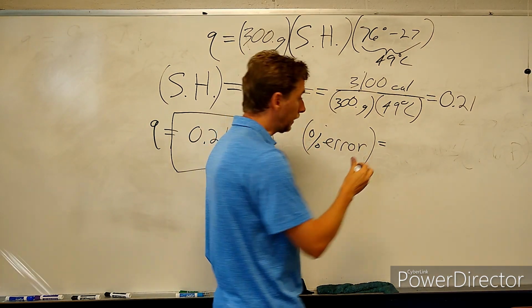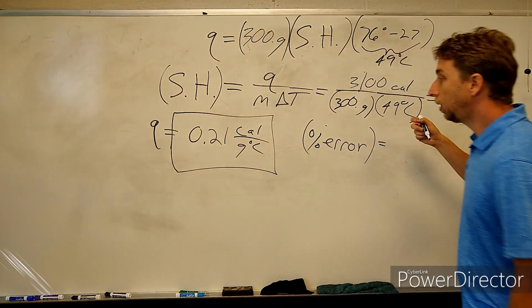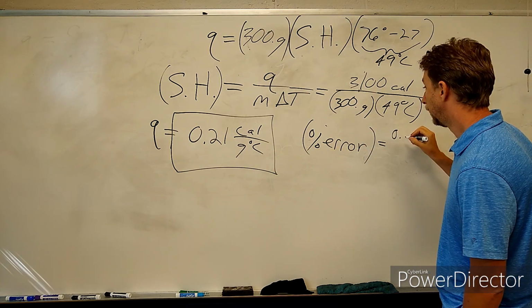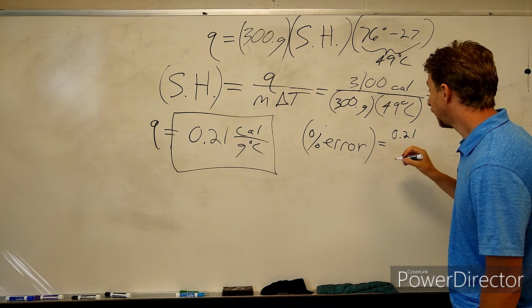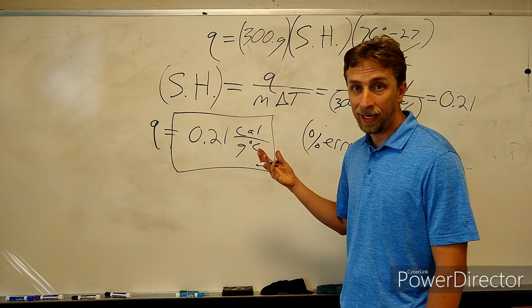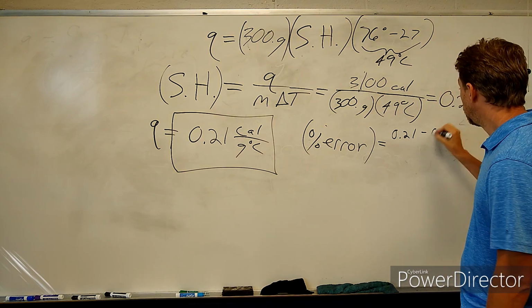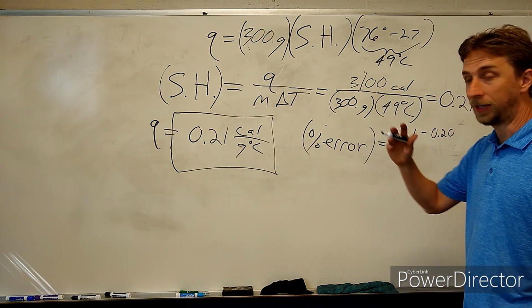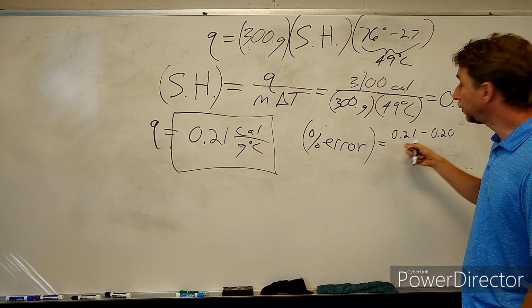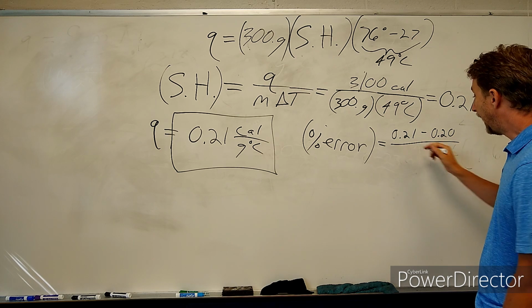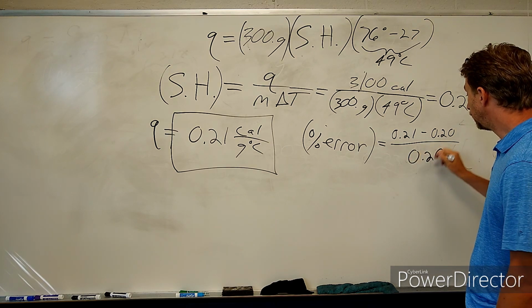The way I like to do it is your value from your results. In this case, we got 0.21 minus the known value. The known specific heat of glass is 0.20. That's the accepted value. You don't have to worry about units on this, because what you do next is divide by the known value, 0.20.